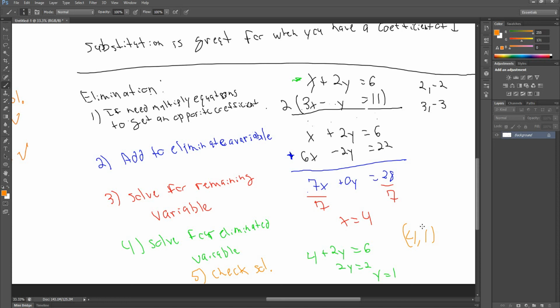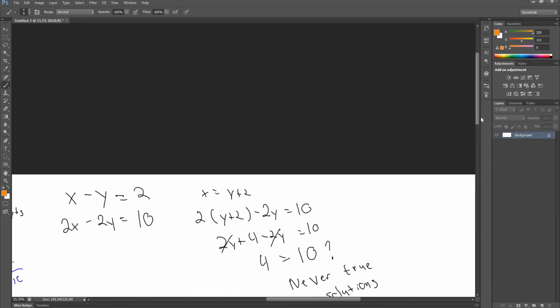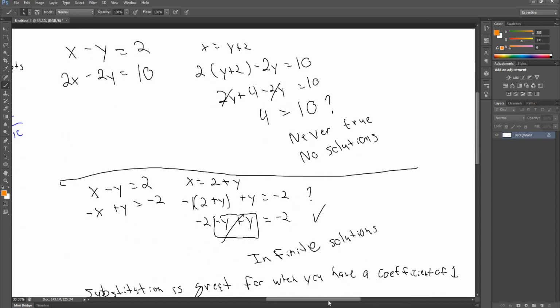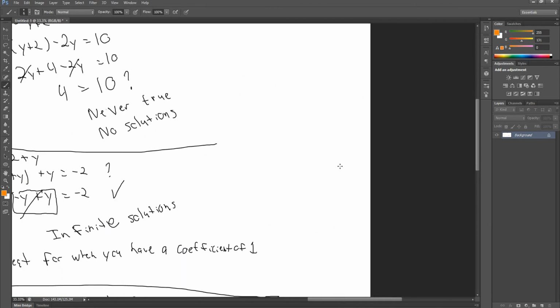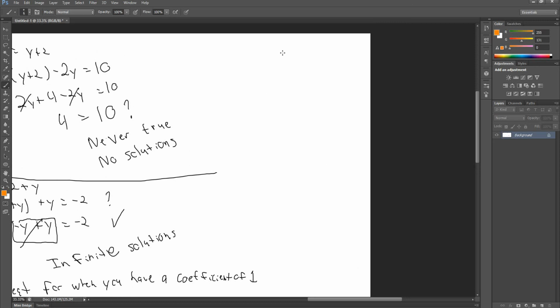So we'll look quickly at 2 more examples for when we have no or infinite solutions. And then we are all set. Apparently I wrote too big, and now I'm out of space. That's okay then.